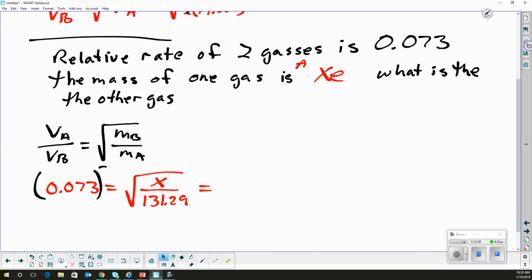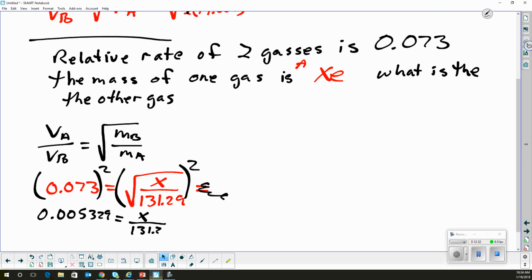If I square this side and I square that side, then what I'm going to get on this side is 0.073 squared, which is 0.005329, equal to x divided by 131.29. And then you'll just times both sides by 131.29.